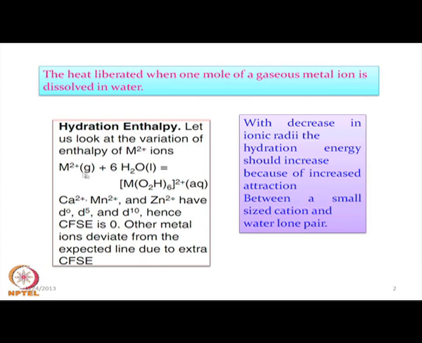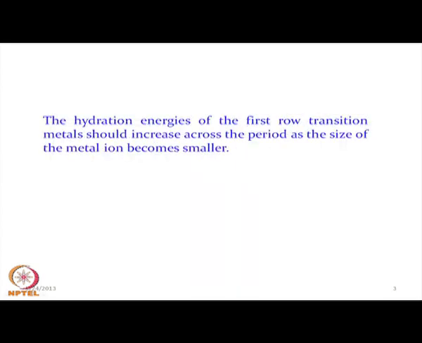So, the cation is very small because it is dipositive, and with the water lone pair we can have the corresponding interaction, because the water molecule will face with its negatively charged dipolar end, that means the oxygen ends are facing towards the metal center, and we have the metal ion to oxygen interaction, and slowly the corresponding MO bond is forming, and this interaction is increasing as we have the corresponding change in the ionic radii. So, if the ionic radii is decreasing, our hydration energy should be more.